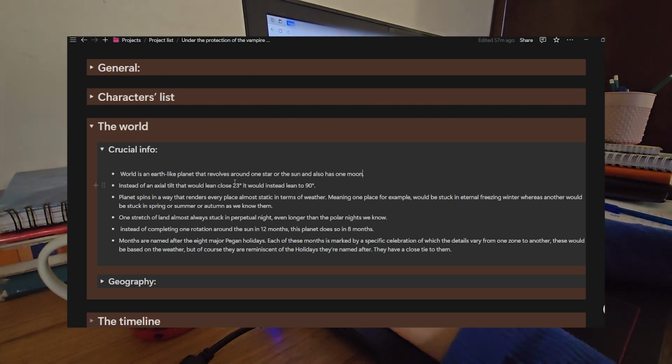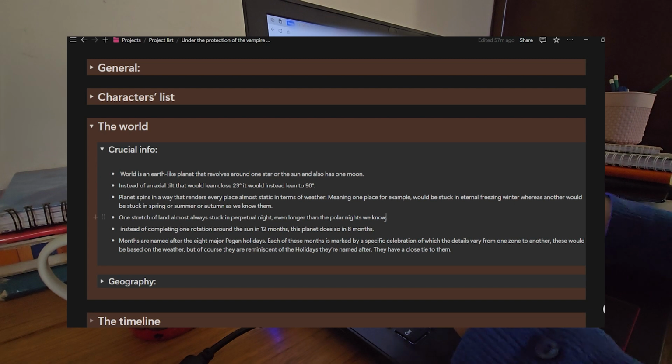This planet spins in a way that renders every place almost static in terms of weather, meaning one place, for example, would be stuck in eternal freezing winter, whereas another would be stuck in spring or summer or autumn as we know them, leaving one stretch of land almost always condemned to perpetual night, even longer than the polar nights we know.